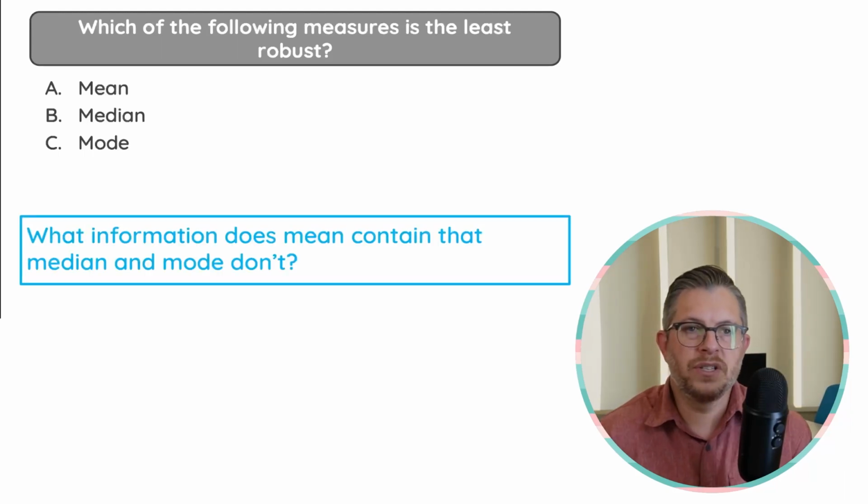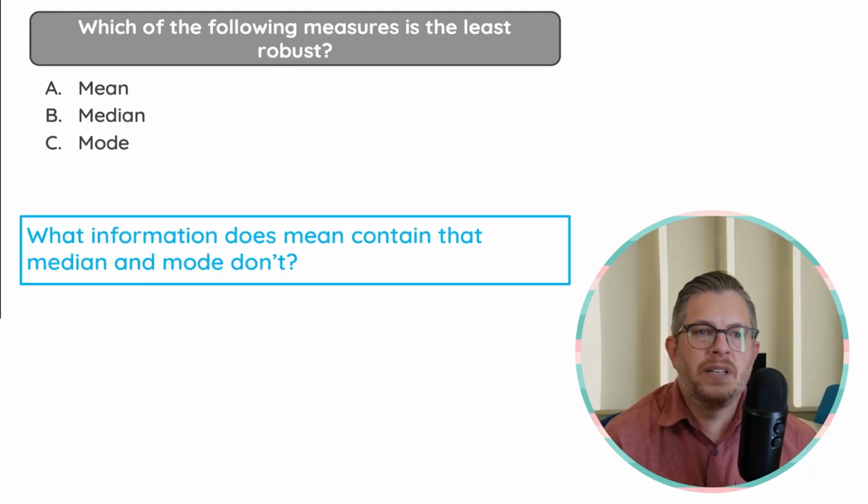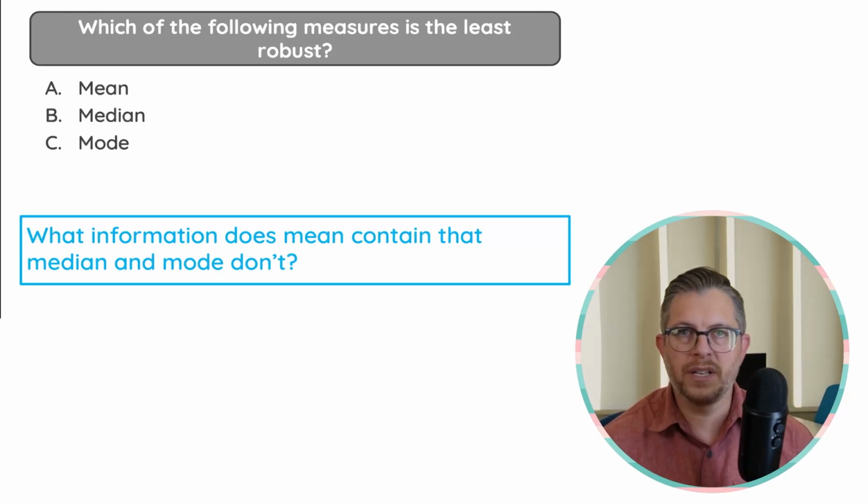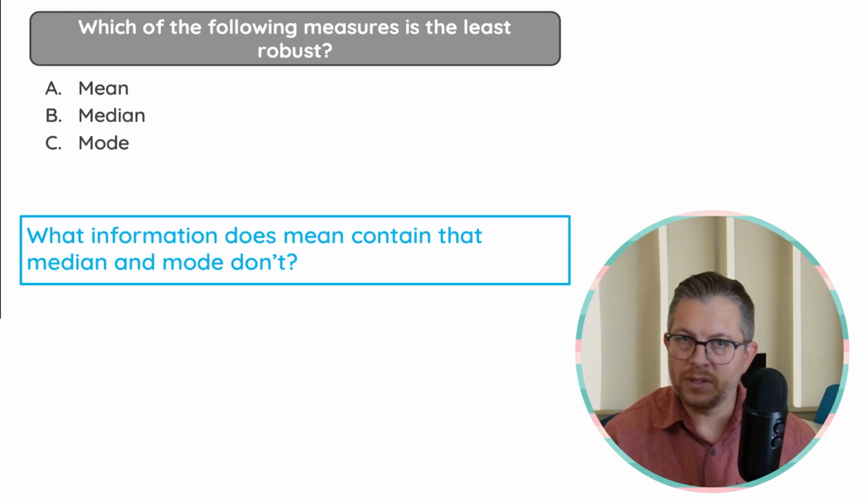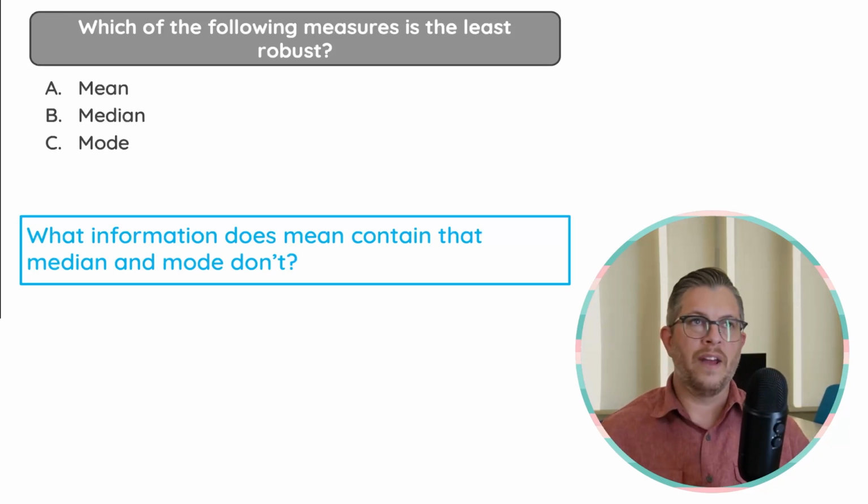What information does mean contain that median and mode don't? Well, we use mean and we often gravitate towards it, even though it's less robust, because mathematically it still does contain quantitative information about every single data point. So every single data point's value is being added together.